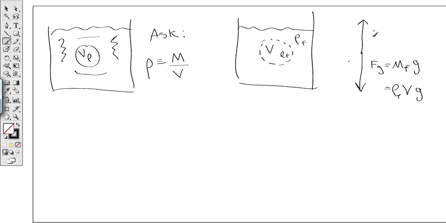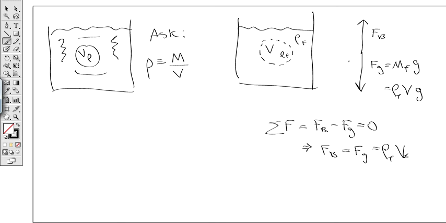And we also know that there's some unknown buoyant force acting up on the object due to the surrounding fluid, and we also know that the sum of the forces, which is equal to the buoyant force minus the gravitational force, has to be identically zero since the fluid is stationary. Hence, the buoyant force Fb must be equal to the gravitational force Fg on the fluid, which can be written as rho f v displaced times g.